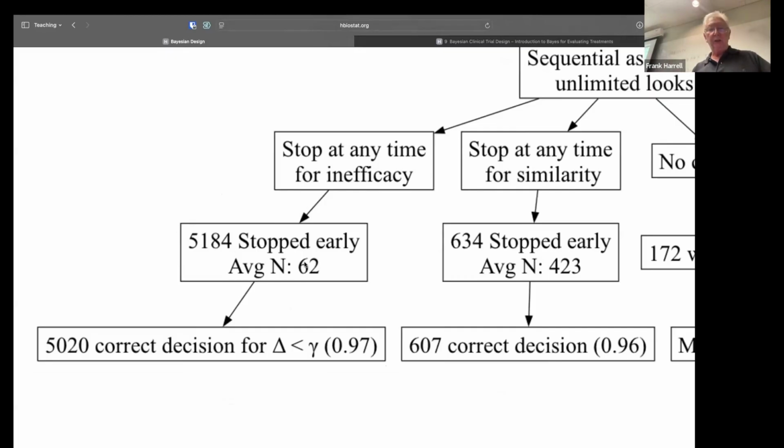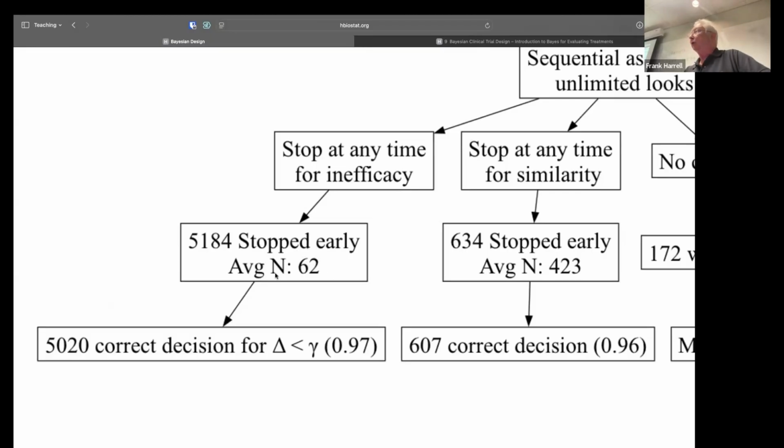Now that is a huge savings. We didn't go to 234, and we definitely didn't go to 750, which we could have gone to. So on average, after 62 patients, we had strong evidence for efficacy that's less than a trivial amount.